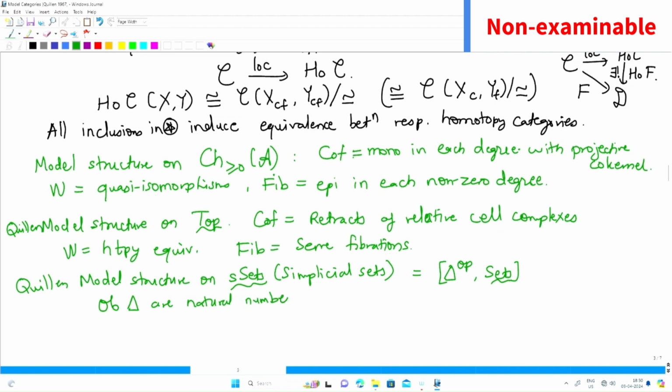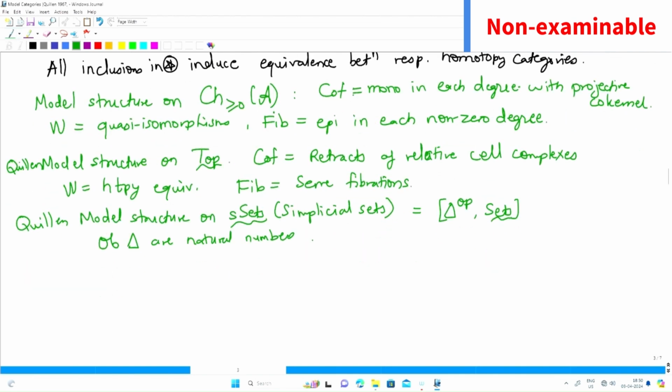Objects of Delta are natural numbers and morphisms of Delta are monotone maps. Each monotone map is generated by a finite composition of some standard monotone maps, the boundary and degeneracy maps, or face maps, there are different names for this. Very beautiful combinatorics as well as category theory happens here.